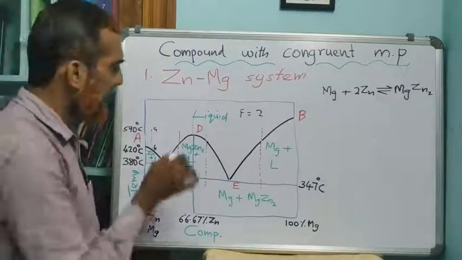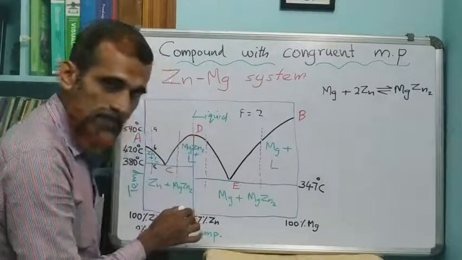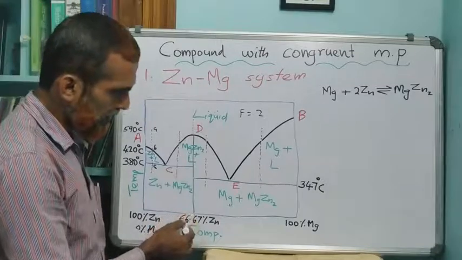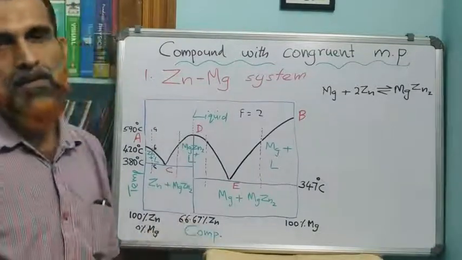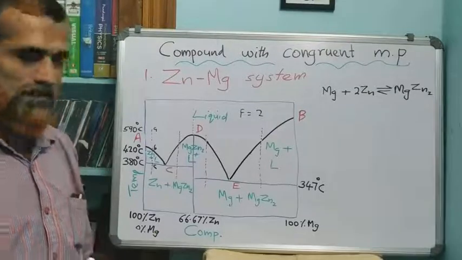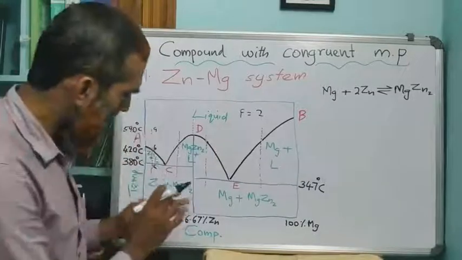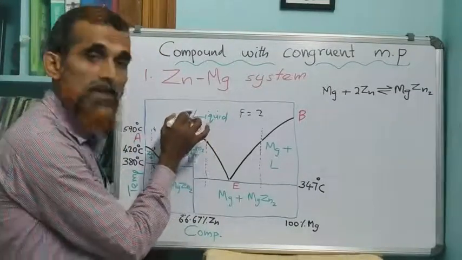Finally, what about cooling this particular composition? What is this? This is the composition corresponding to 66.67% zinc and 33.33% magnesium, which corresponds to the stoichiometry of the compound. This composition mixture melt cool.